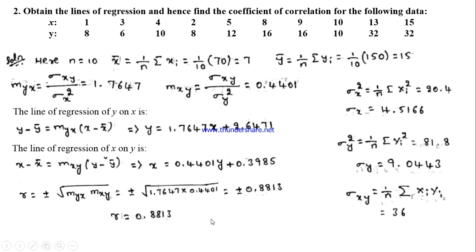But in the previous problem, we first found the correlation coefficient and used it to find the regression lines. This was the small difference that we can notice between these two problems. Okay, now let me move to next problem.